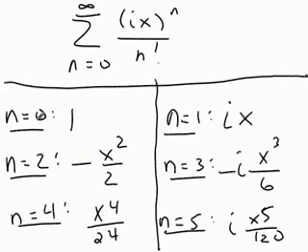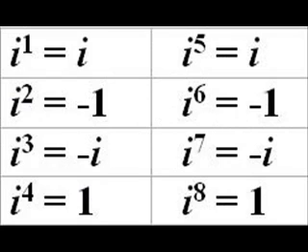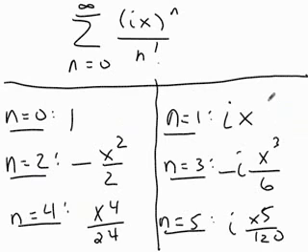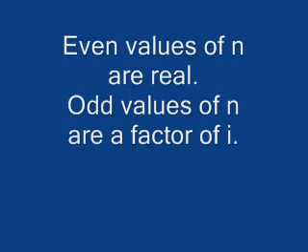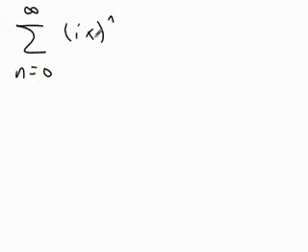Now, as you can see, when n is even, I'm getting real number coefficients because all the even powers of i are either plus or minus 1. With the odd exponents, the odd n's, I'm getting a factor of i each time. So what does that allow me to do? It allows me to break up the sum n equals 0 to infinity ix to the n over n factorial into two parts.